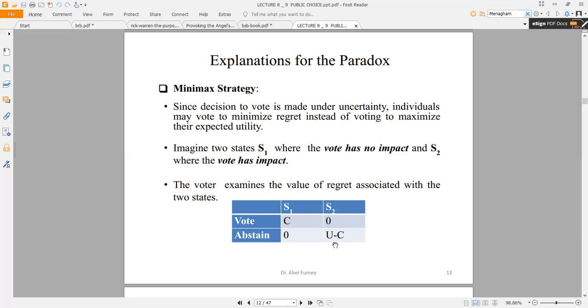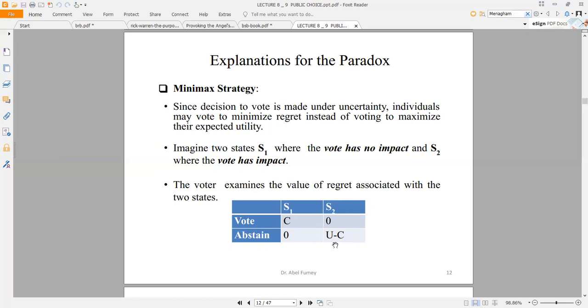What it says is that people engage in voting not because of the expected utility that they are actually going to get. That is not the case, but they vote just to minimize their regret of not voting. If I don't vote and then someone votes for a particular policy that will negatively affect me, then I am going to regret not voting at all. And as a result, let me vote. I am not voting to actually maximize the benefit that I'm going to get from the voting.